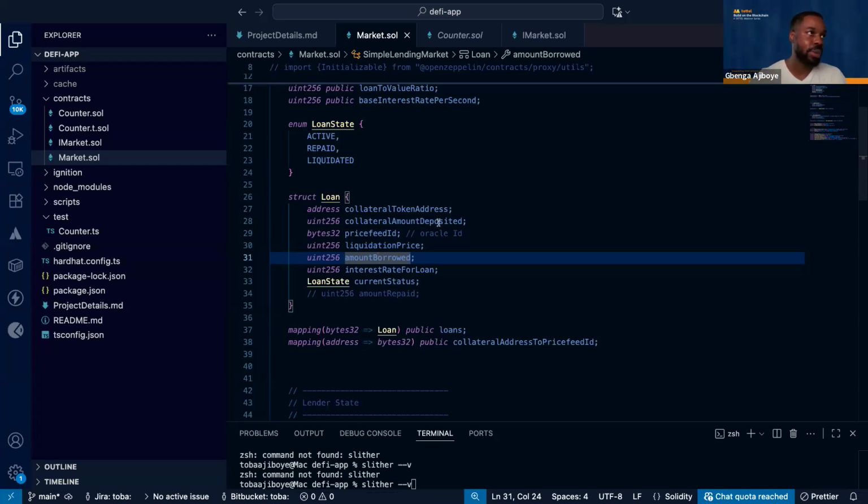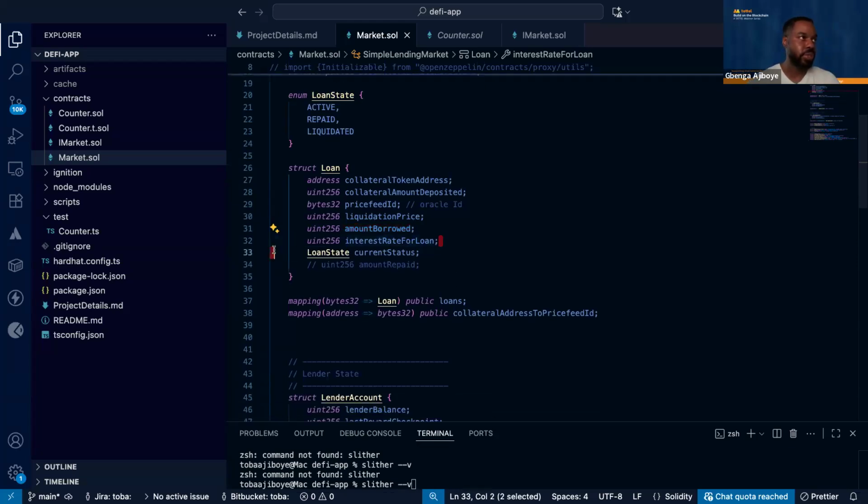So you will know the total amount deposited. This is the amount that, when a liquidator liquidates the loan, they get 10% of. And when the person repays, this is the amount they're repaying.